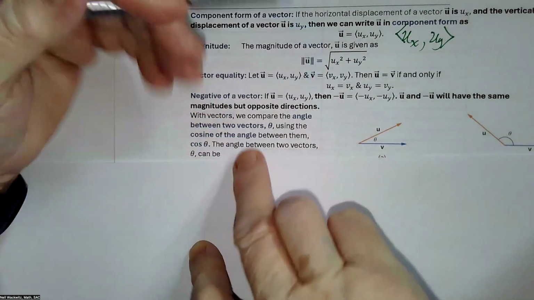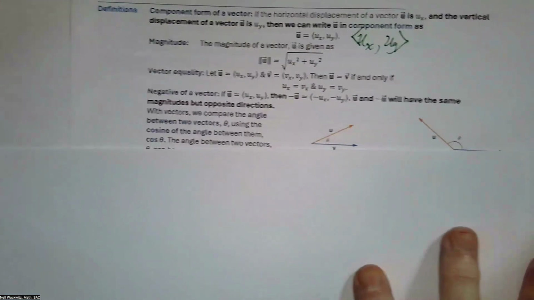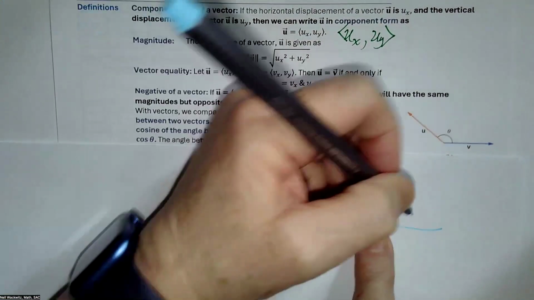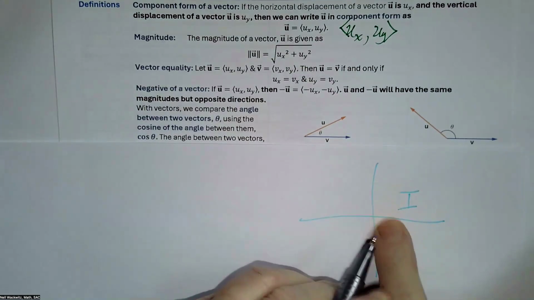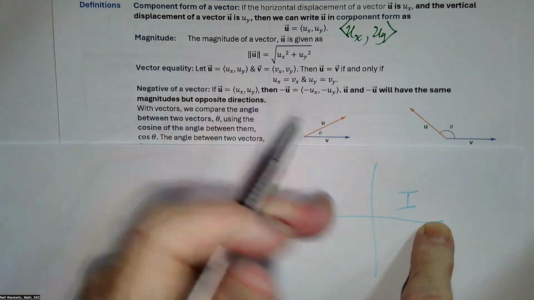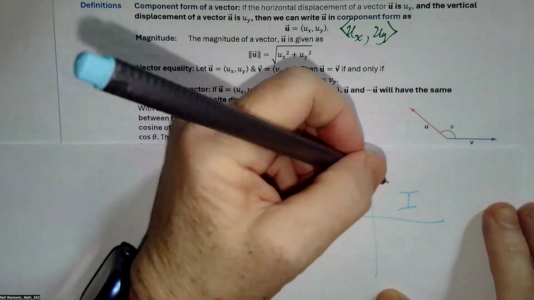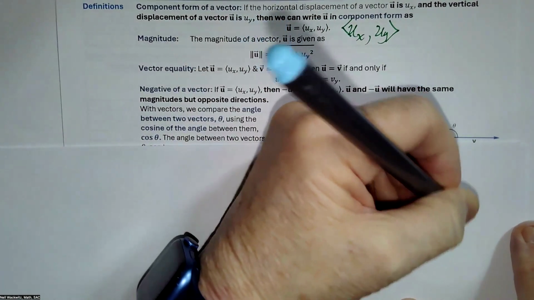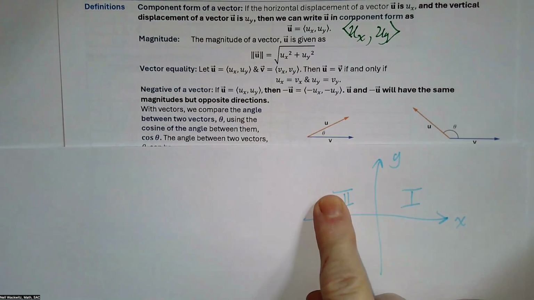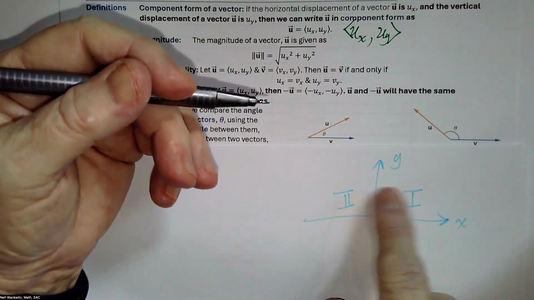We can find the angle between two vectors using the cosine. The reason we need to use cosine is that we've got values in the first quadrant, and we've got values in the second quadrant. In order to differentiate between angles in the first quadrant and those in the second, we can see that the signs of the sines are the same.